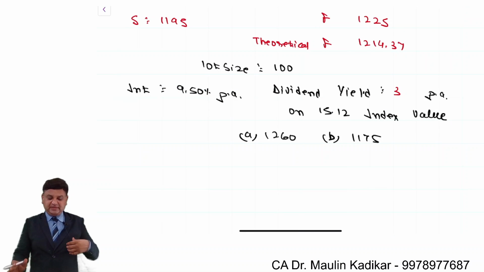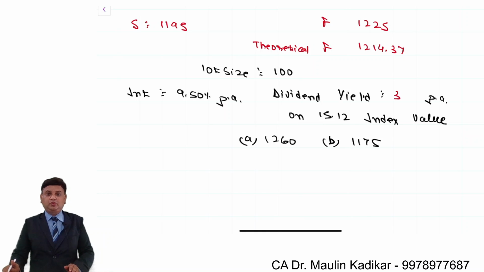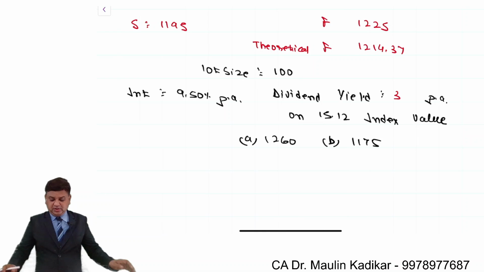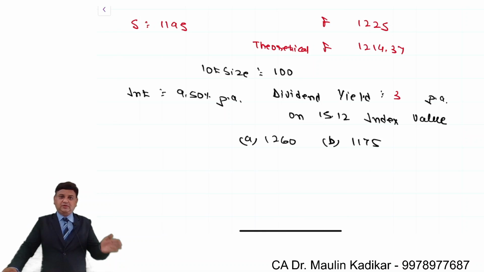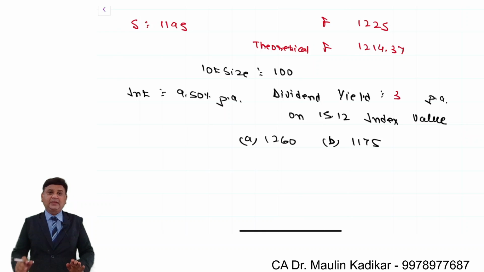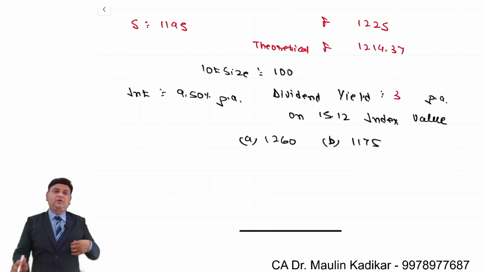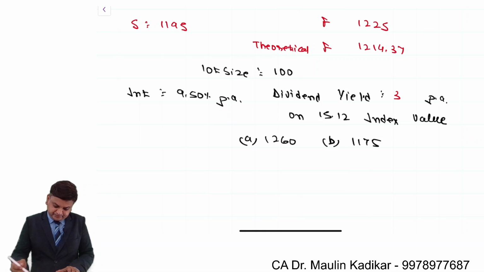Now friends, I have kept this question in the classwork. So let us see how to calculate the answer of this question. This is going to be important. So everybody is requested to pay proper attention. First of all, I am telling you the overall transaction in which we should enter for the purpose of arbitrage.